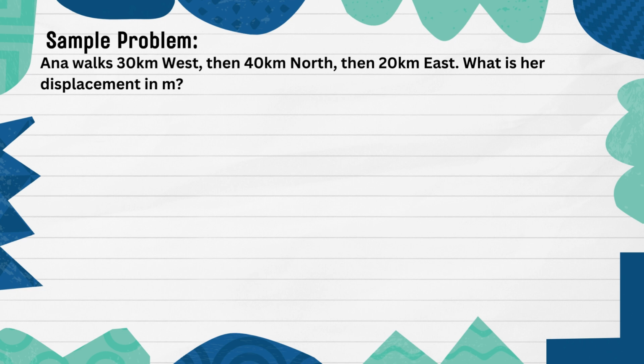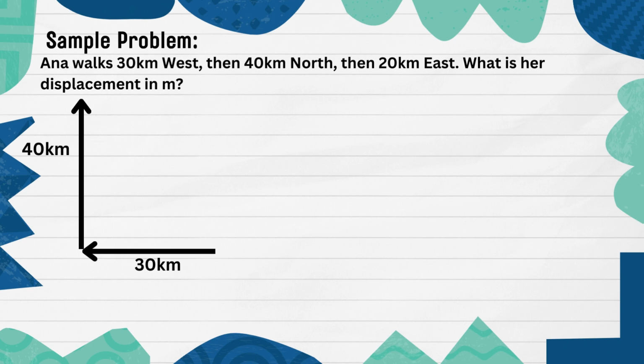So we are going to draw the diagram of it. First is the 30 km west, and 40 km north, and then 20 km east. Then the missing one is this place.